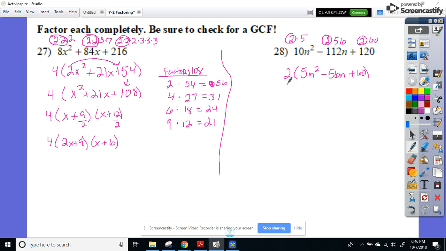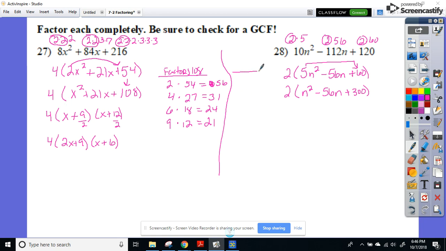So I need to trick myself for a second and change this to n squared minus 56n by multiplying 5 times 60. I believe that's going to be 300, if I'm not mistaken. I'm going to check myself. 5 times 60 gives me 300.